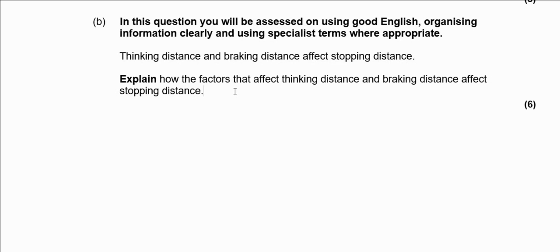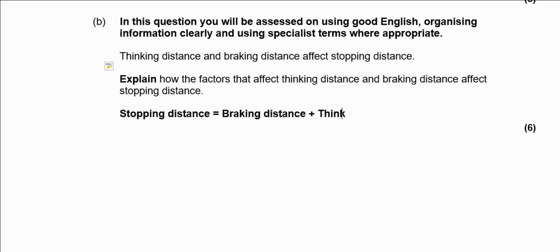I'm going to show you my thinking as I go through this. So first of all, I will start out with a statement that's similar to what's already been given to me. It might not be scoring, but the idea that stopping distance is equal to the sum of braking distance and thinking distance.